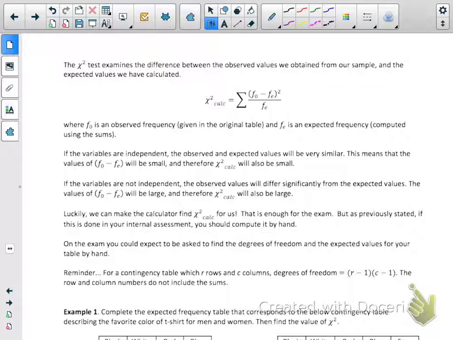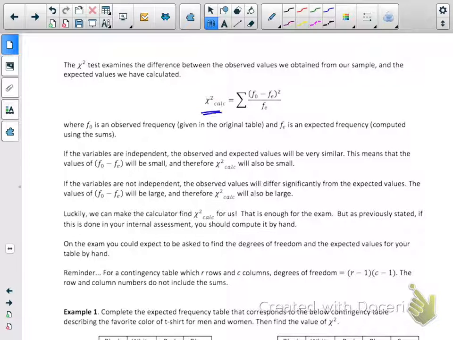Now, the chi-squared test that we were doing yesterday, I just want to go over with you real quick where that comes from. You are not going to have to do this by hand, although if you are going to talk about the chi-squared distribution in your paper, they do really recommend that you do some of this stuff by hand instead of just in the calculator.